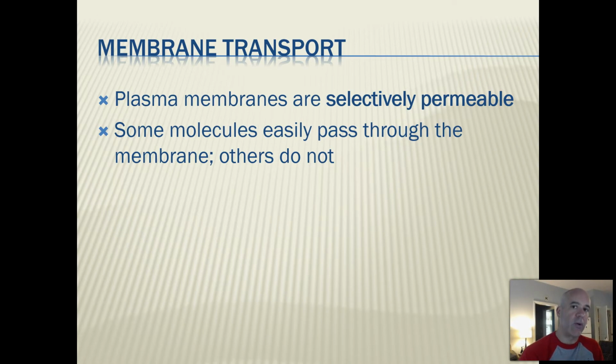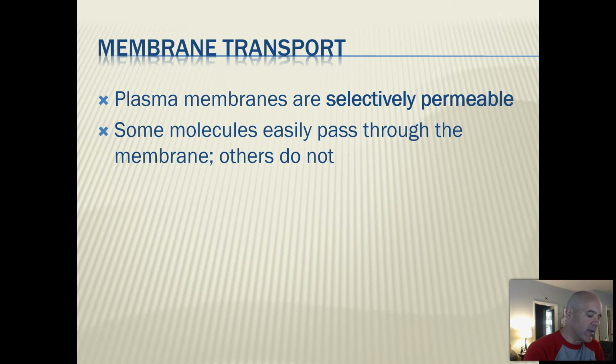For example, you can have protein channels in a cell membrane that only let sodium across or only let potassium ions across. So they're very particular about what they allow to pass through the tunnel or what they'll carry across from one side to the other.